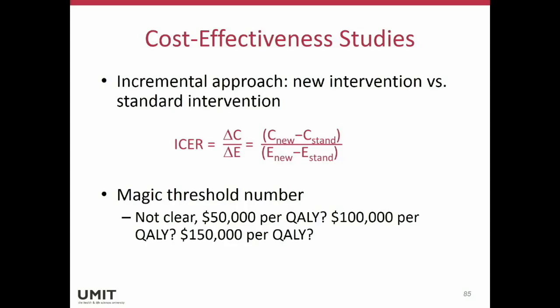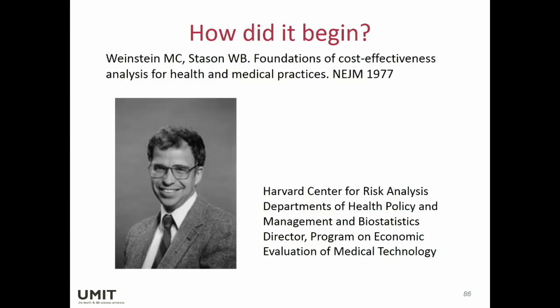In the US, in recent literature publications, you see that interventions at $100,000 or $150,000 per QALY are considered cost effective. But as I said, not always do we really have these numbers. What you can, of course, do is calculate the ICER, and then compare the result to other studies and see whether the respective interventions have been implemented or not.